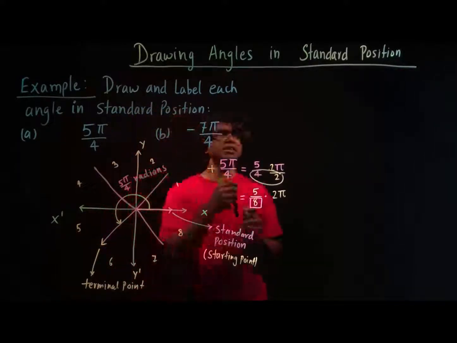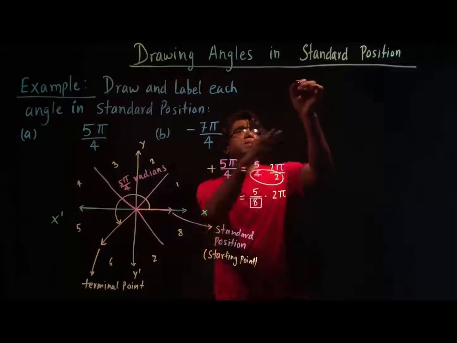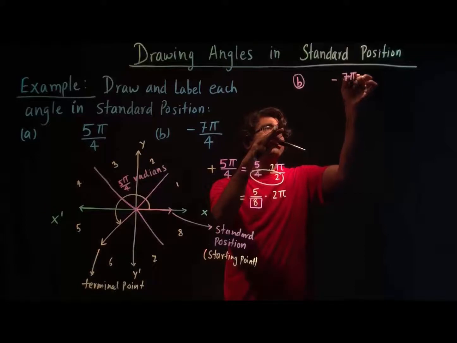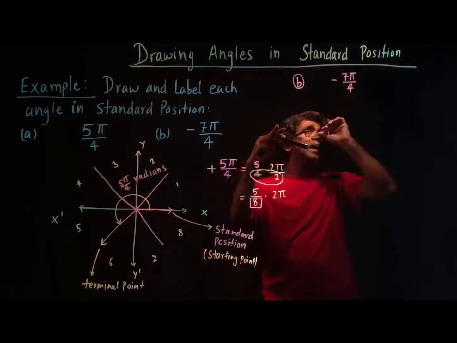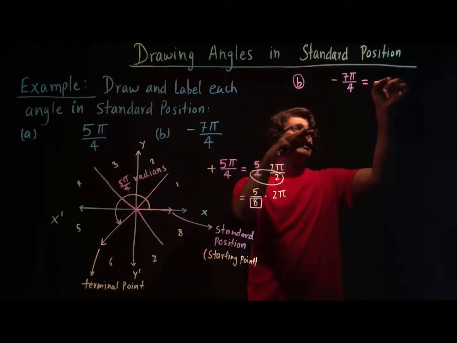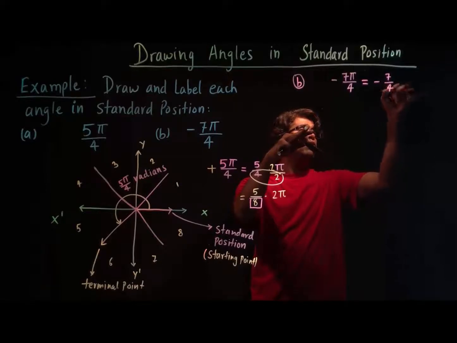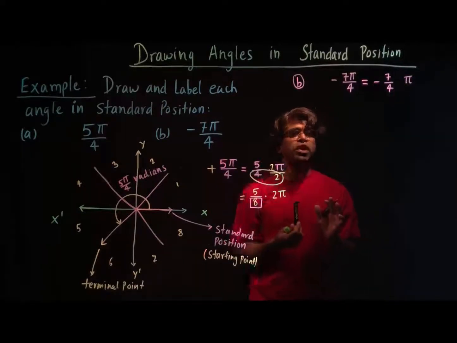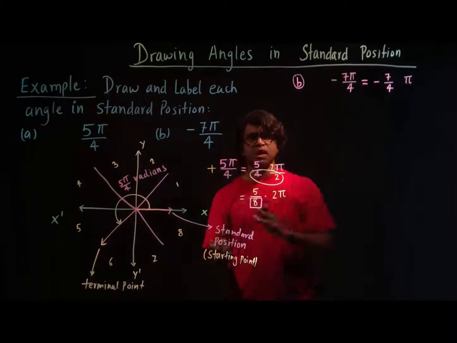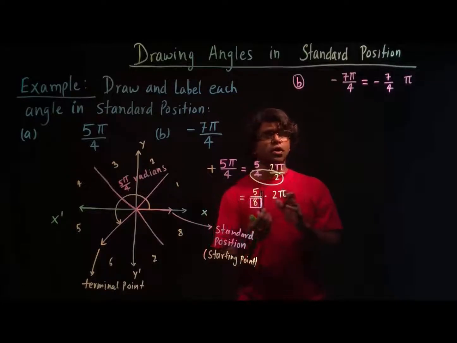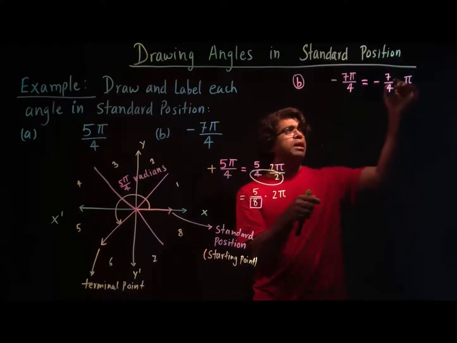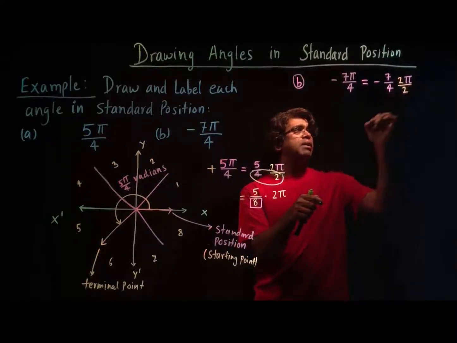Now let's consider our second angle, negative 7 pi over 4. I'm going to rewrite this and separate pi from the number: negative 7 over 4 times pi. We are considering everything in terms of 2 pi because 2 pi is a complete rotation or revolution. So I multiply and divide by 2.